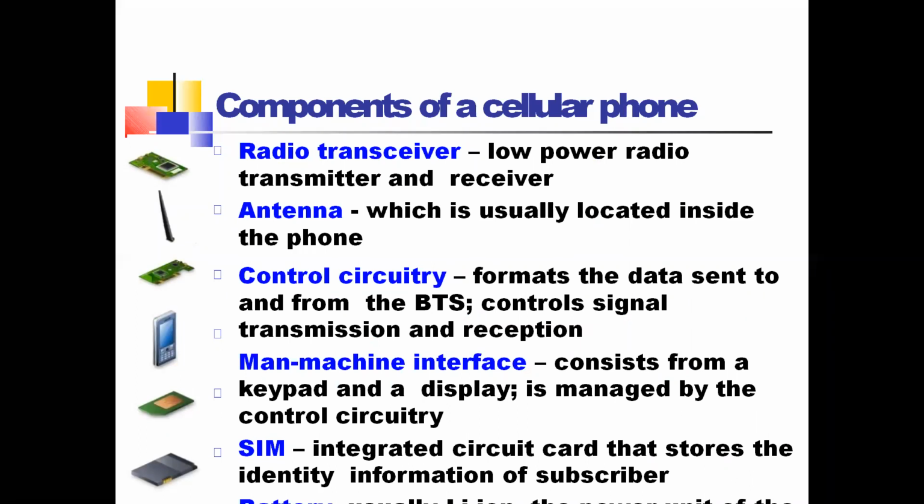The other one is the components of a cellular phone. What are the basic components existing in the cell phone? We all know that each cell phone has a transceiver, nothing but a transmitter and receiver, which is used for transmitting and receiving radio signals.